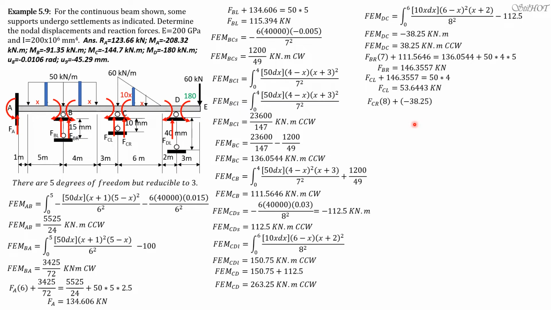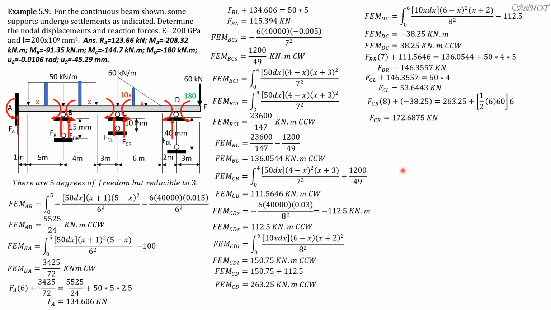Then for CD, summation moment of D equals 0, FCR times 8 plus negative 38.25. Remember, this is counterclockwise, so I just take the sign. Equals moment CD, which is equal to 263.25 plus moment of the load, 1/2 of 6 times 60, 4 plus 2 is 6 moment arm.